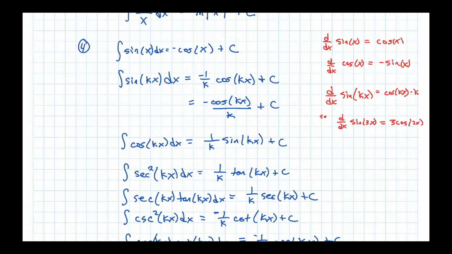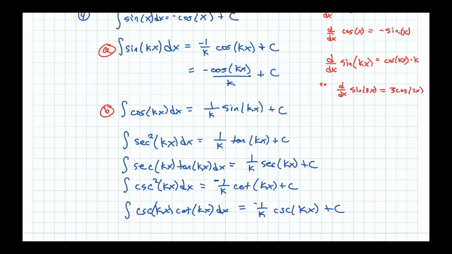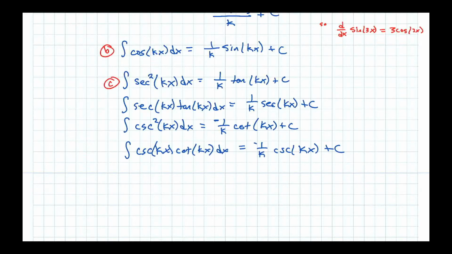So we got sine, cosine, tangent, secant, cotangent, cosecant. A, B, C, D, E. Okay, that's 6.